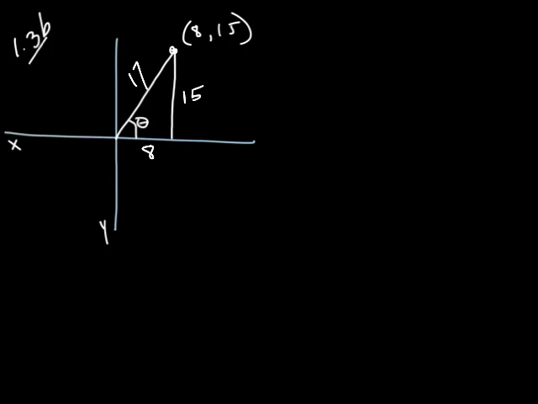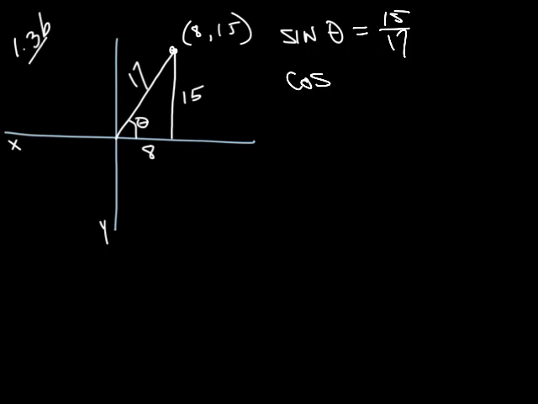That's good that we found those, because we need all 3 of them in order to find the 6 trig functions. So at this point, let's start with sine. Sine of theta, and the reason I call it theta is because it's called theta here. Sine of theta equals, what did we say that was? y over r, 15 over 17.